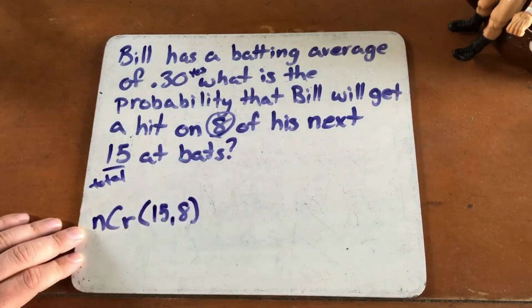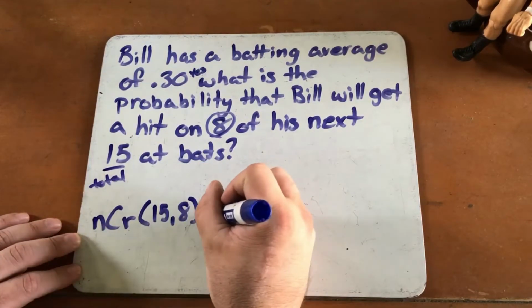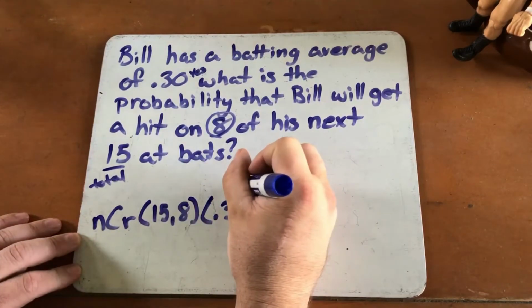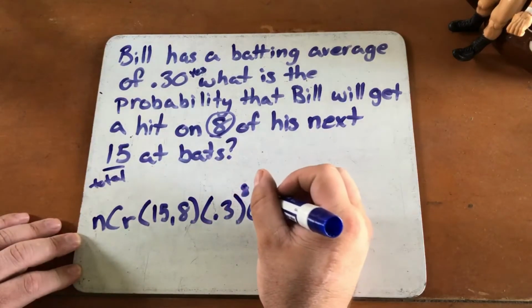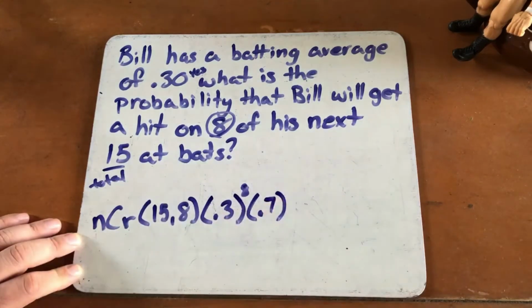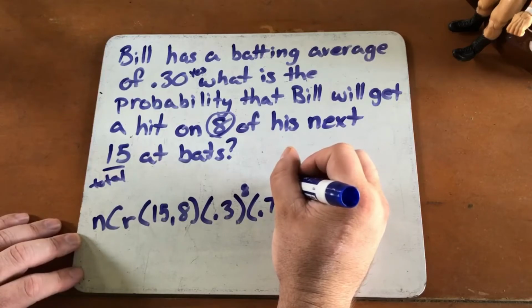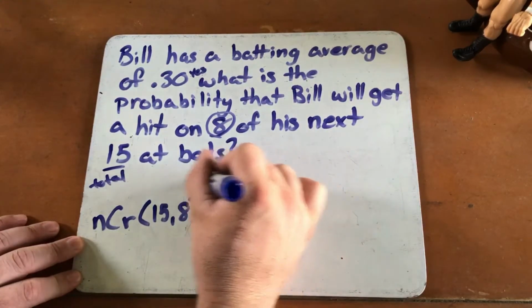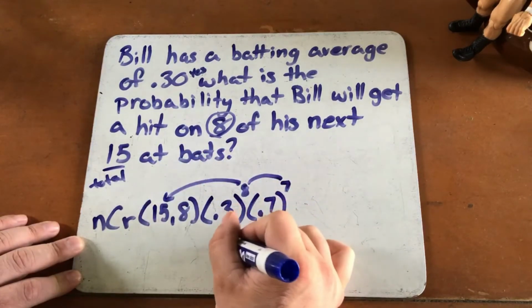The probability of Bill getting a hit is 0.3, so the probability of success is 0.3, and we want this to happen 8 times. The probability of failure is 1 minus 0.3, or 0.7, and the number of times that he would not get a hit is 7. Once again, these two numbers add up to 15, and these two numbers add up to 1.